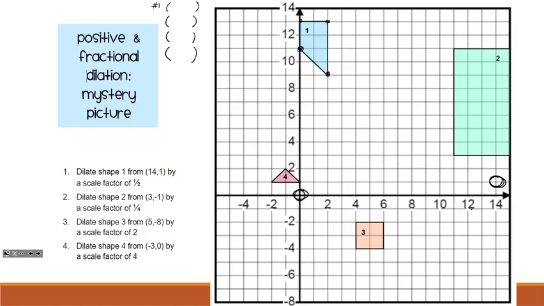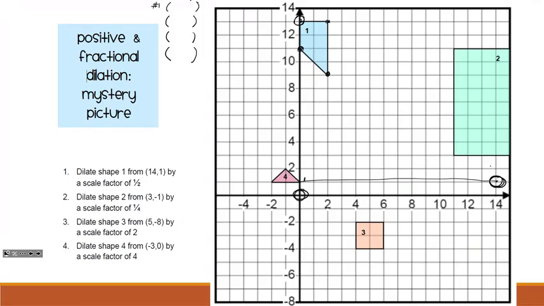We have to figure out where they are from 14, 1, which is right here. So you're going to have to count. Let's go to this top one right there, on number 1. You're going to count back 14. Now remember, you're at 1 at this point. And then you're going to go up 13.